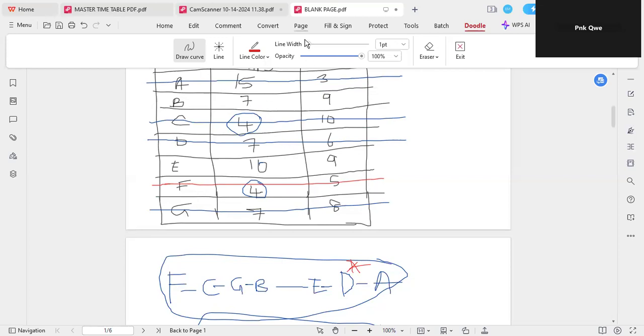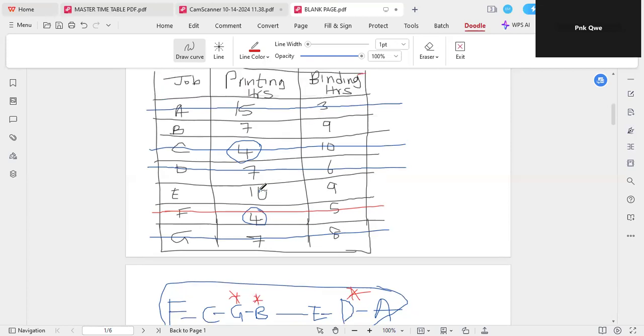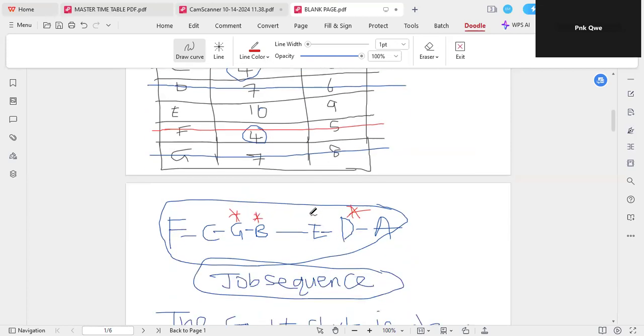There's a tie here, so check the one which has a smaller processing time on the other side, which is G. So G comes here, and then the other processing time of 7 is B, and then the one that will remain will be E. So this is the job sequence, all right?